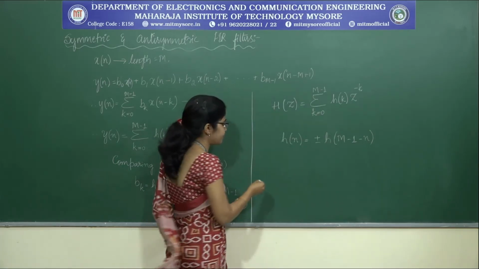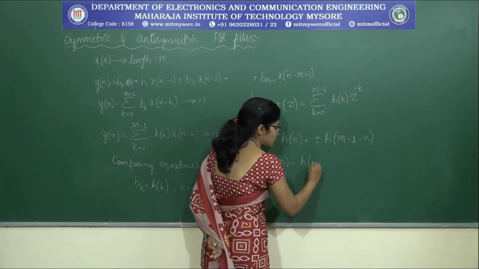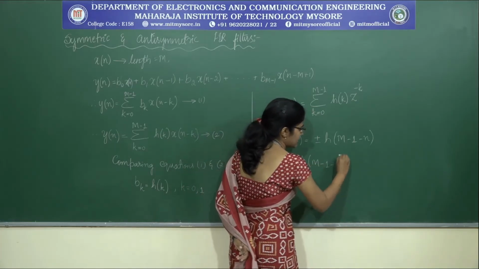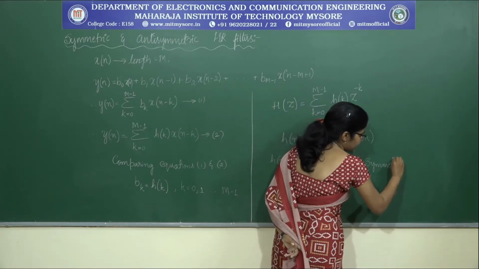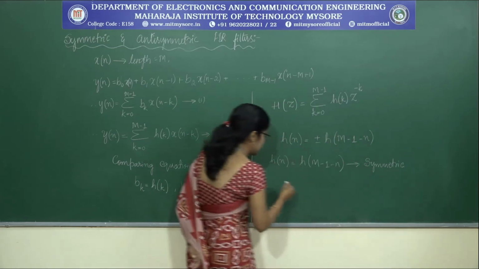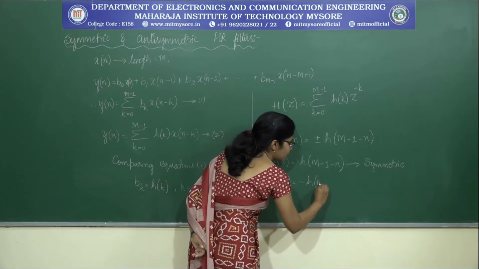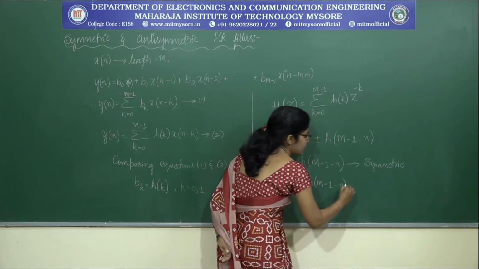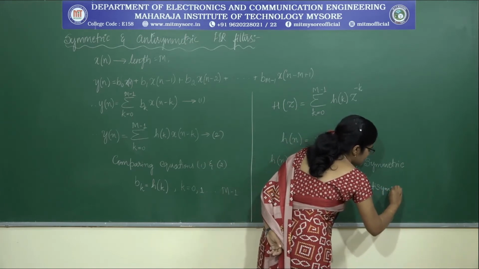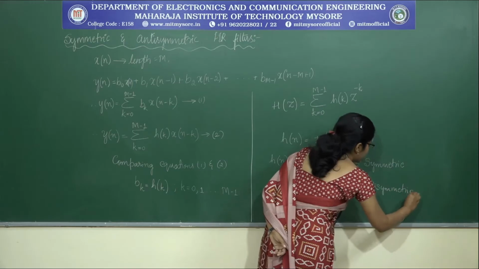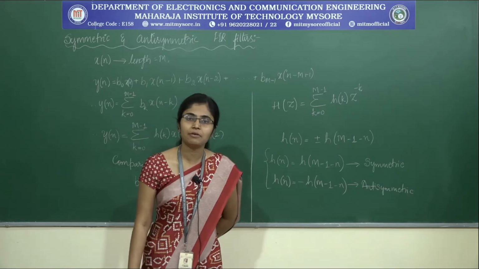That is, if h of n is equal to h of m minus 1 minus n, then we say it is a symmetric FIR filter, and if h of n is equal to minus h of m minus 1 minus n, we say it is an antisymmetric FIR filter. Therefore, if these two conditions are satisfied, then the FIR filter will have linear phase.